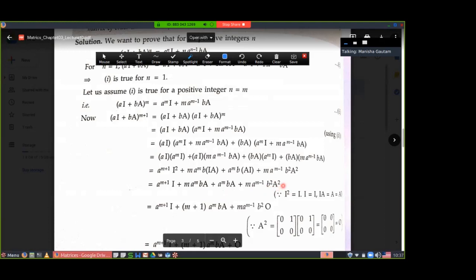Here you have to solve the A square matrix first. It is written here, A multiplied by A. You will get the null matrix or zero matrix. Each and every element of that matrix is 0. So A square can be replaced by the null matrix, zero matrix. Notation is there. And you can take common from the second and third terms. You will get like this.